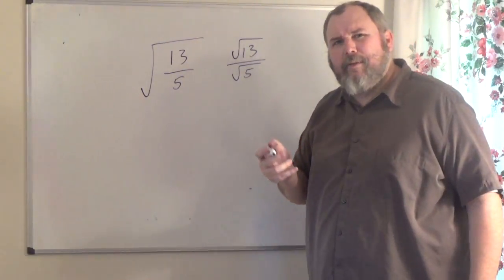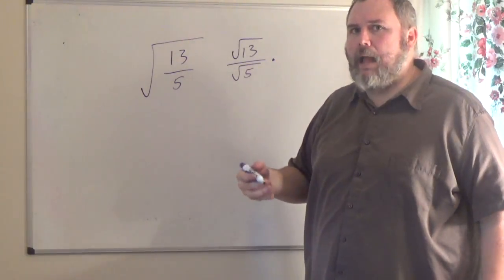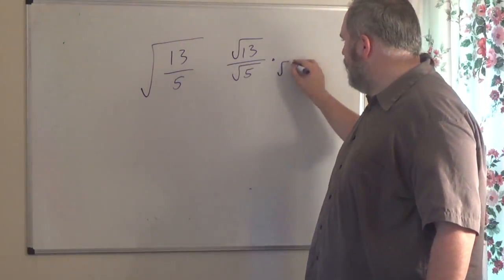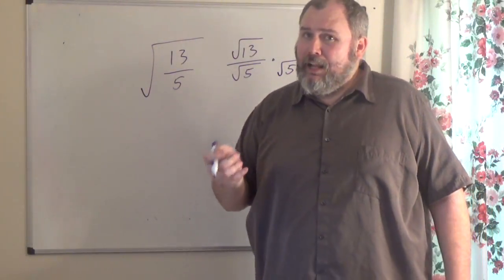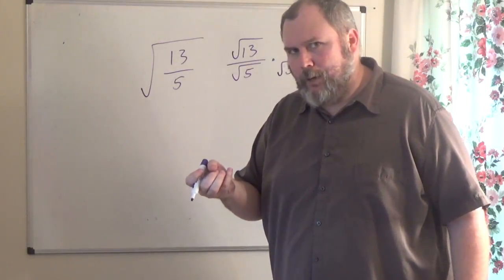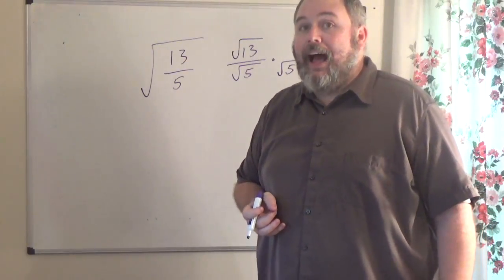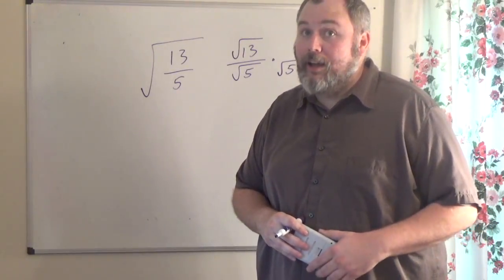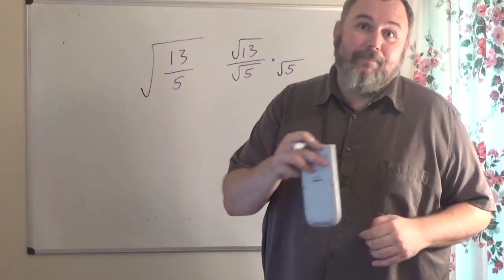And in order to get rid of a radical sign, I need to multiply it by itself, right? But here's the problem. Think back. If I want to change a number without truly changing the number, I can only do a couple things. One, I can add or subtract 0, or I can multiply or divide by 1.